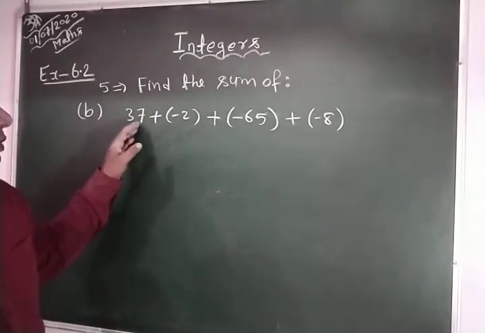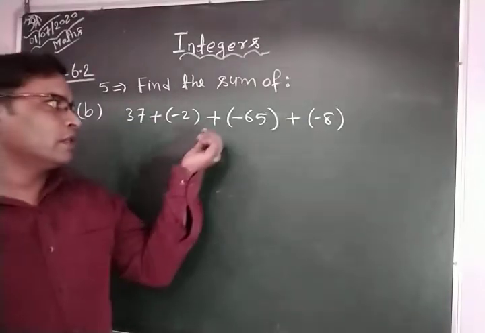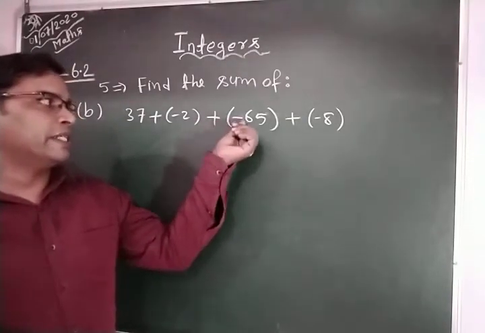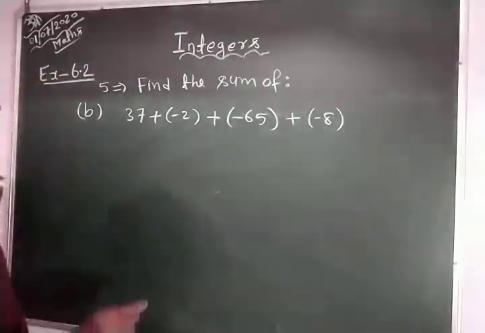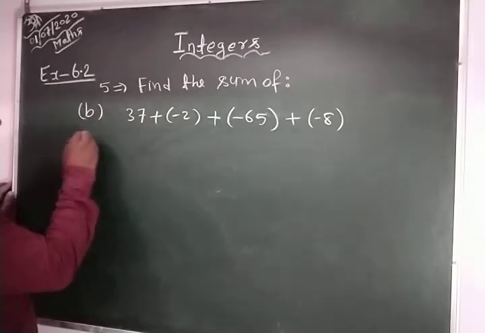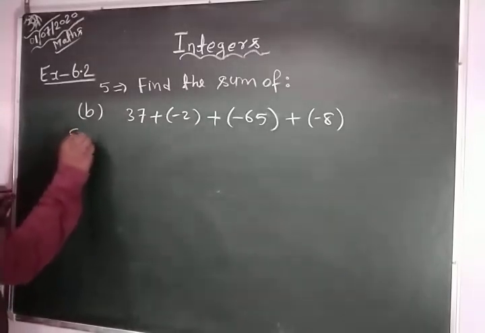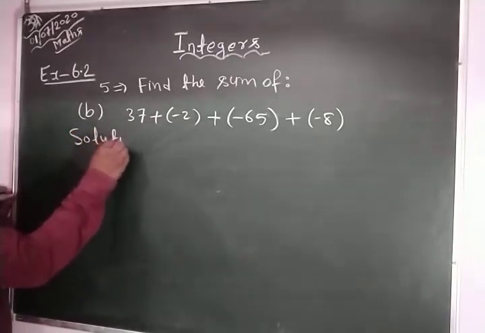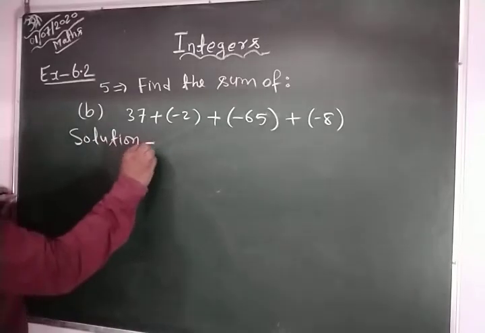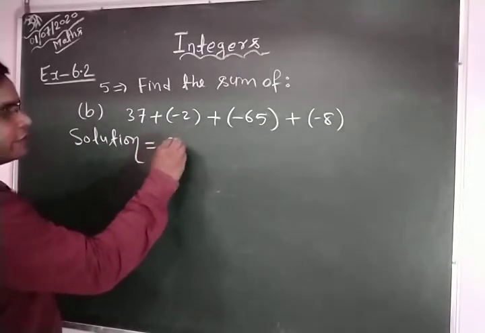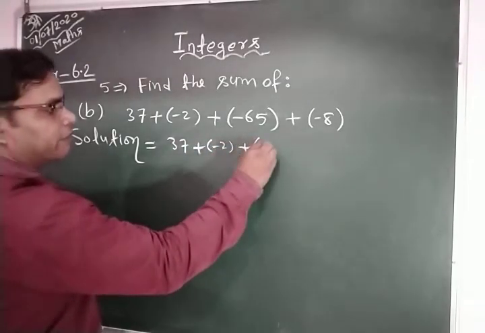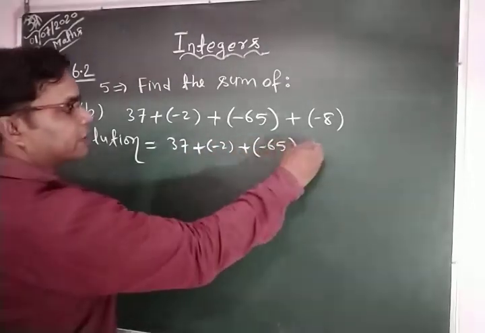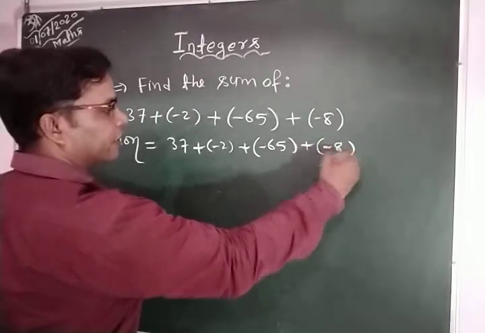So 37 plus minus 2 plus minus 65 plus minus 8. Okay. So first solution is equal to, we can write here 37 plus minus 2 plus minus 65 plus minus 8.